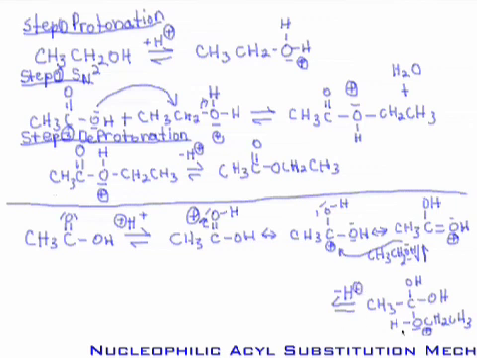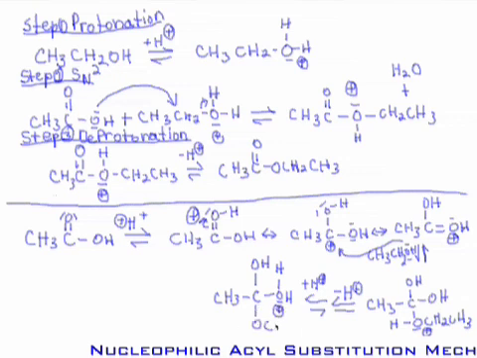But if we do two steps at once, because I'm running out of room, we take a H plus off the ethanol and put an H plus on the OH. And we get a good leaving group.